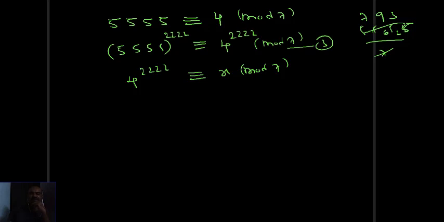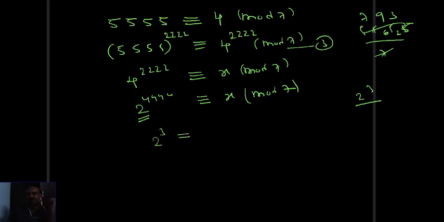Or another way, I can say this is 2 power 4 only, congruent to x modulo 7. Now I want to find a smaller power of 2 so that 2 power something divided by 7 leaves remainder 1. 2 cube is the better one, 8. I know that 2 cube is congruent to 1 modulo 7. So 4 should be divided by 3: 3 ones are 3, remainder 1.